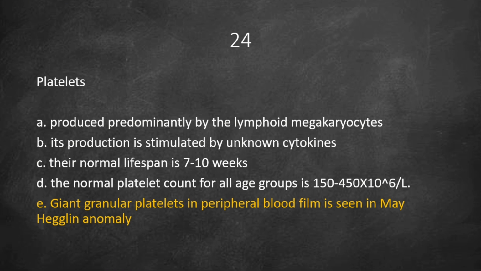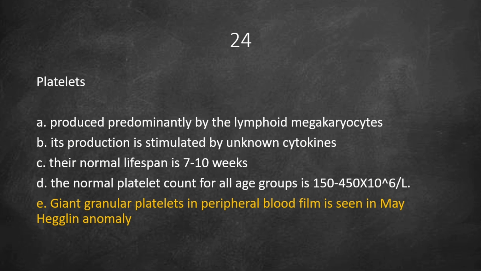If you look at our options, option A, which reads produced predominantly by the lymphoid megakaryocytes, this is incorrect because platelets are produced by the myeloid megakaryocytes. Okay, if you look at option B, its production is stimulated by unknown cytokines. That's also not true. We know that platelets are stimulated by thrombopoietin, which is a known cytokine that regulates megakaryocyte proliferation and then platelet production.